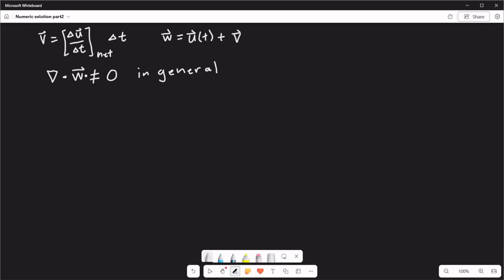So for incompressible fluid, the divergence of U has to equal 0, which means W cannot actually be U. So gradient dot U vector of t plus delta t, which is the velocity field at the end of the time step, has to equal 0 for incompressible fluid.